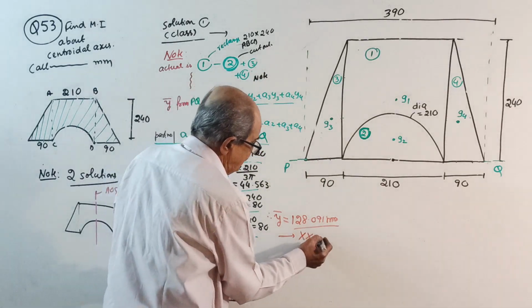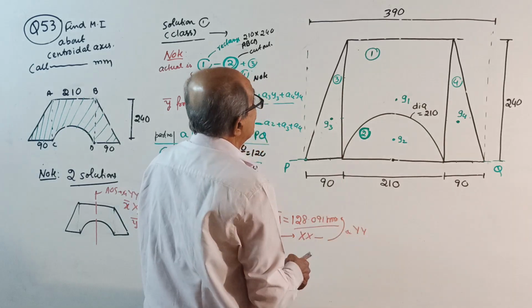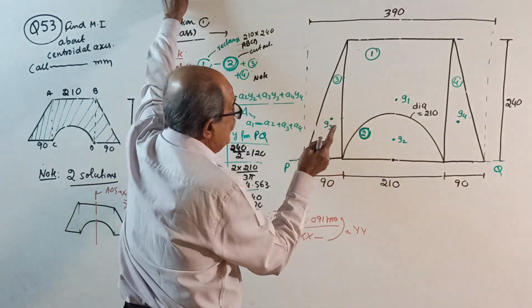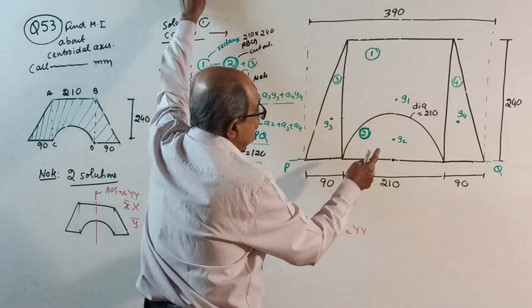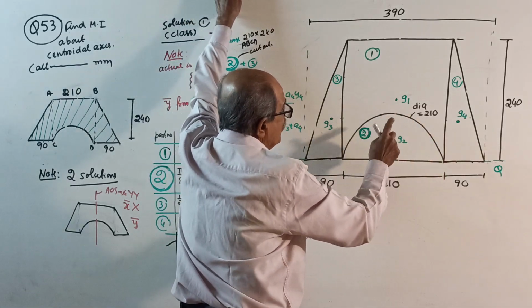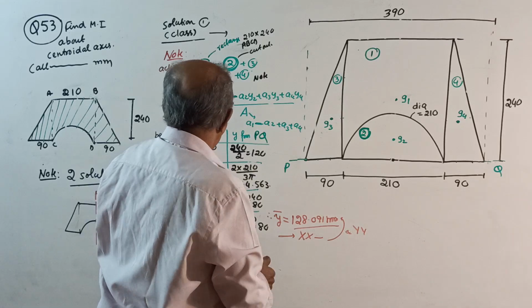Locate XX using Y bar and directly mark YY. Y bar, how much did you get? 128.091. See here, this is 210. One more important thing: I did not explain Y1, Y2.